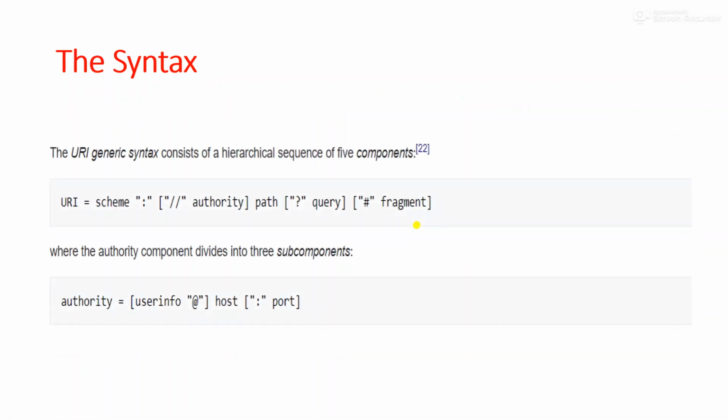URI has a generic syntax that it uses so that you can identify web resources on the internet. So this is a general schema, general syntax. I just want you to look at this. When I say syntax, it's like a structure, or rules, or a guideline.